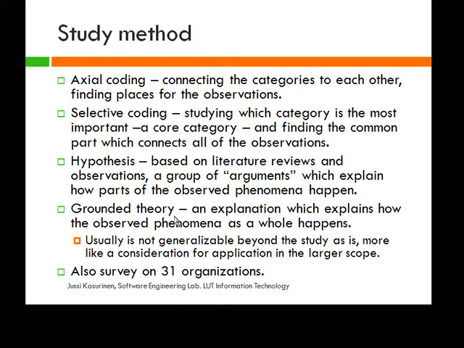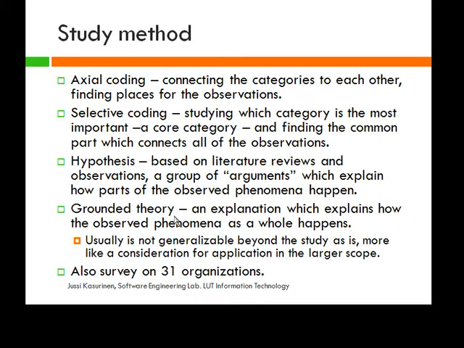And after that, selective coding, where we selected a certain problem from the data and took a part of let's say a few categories and did a selective coding where we wanted to find the core category, which was the best category to explain all the observed phenomena.